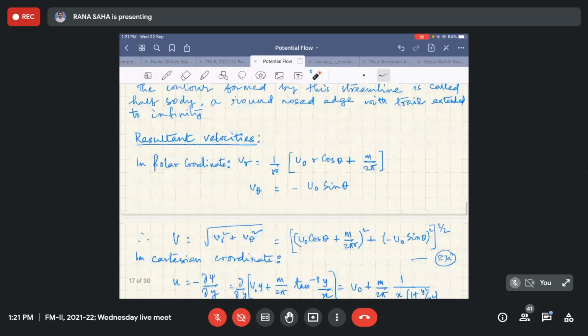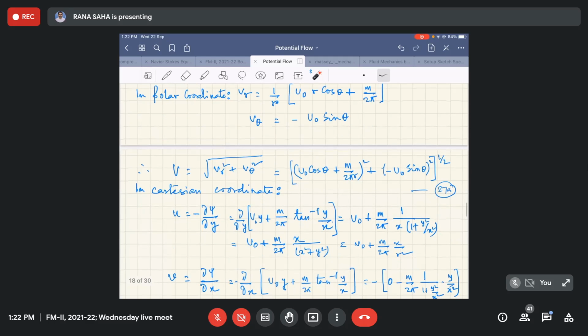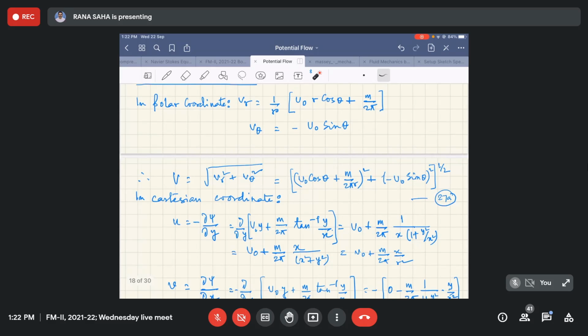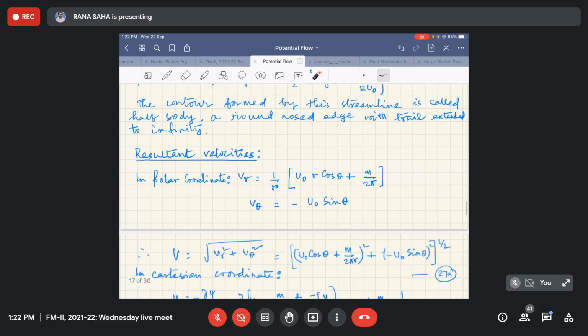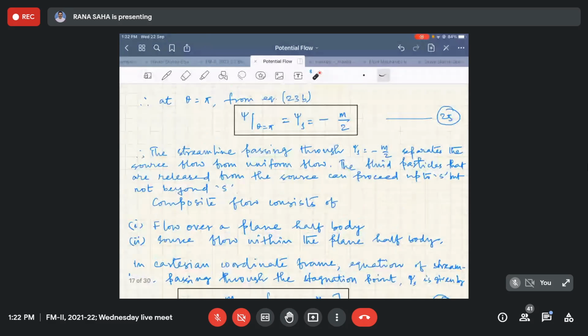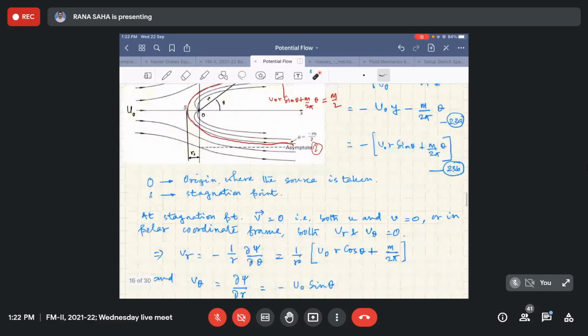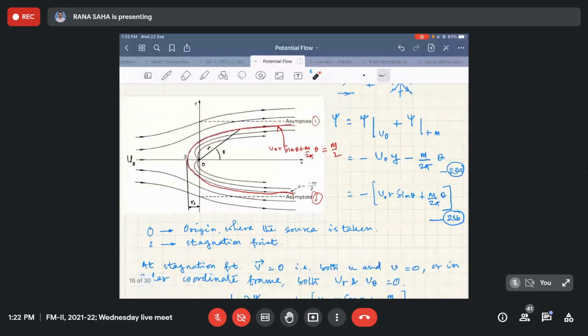Once we get this combined stream function, the respective velocities are obtained. Another interesting part, which I think has also been repeated: if you see the expression 23A I'm referring to, this is a combination of two stream functions.